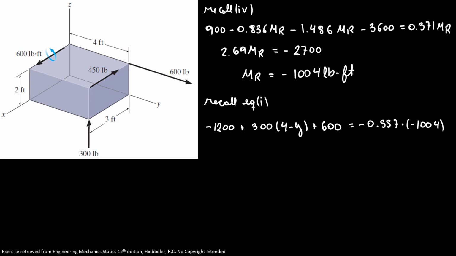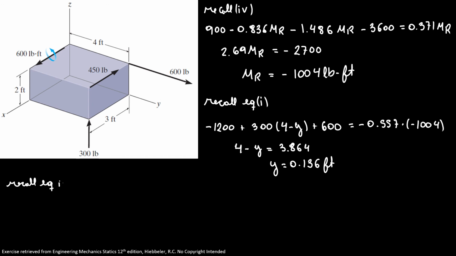So here I have that our 4 minus y equals 3.864. I have y equals 0.136 feet.